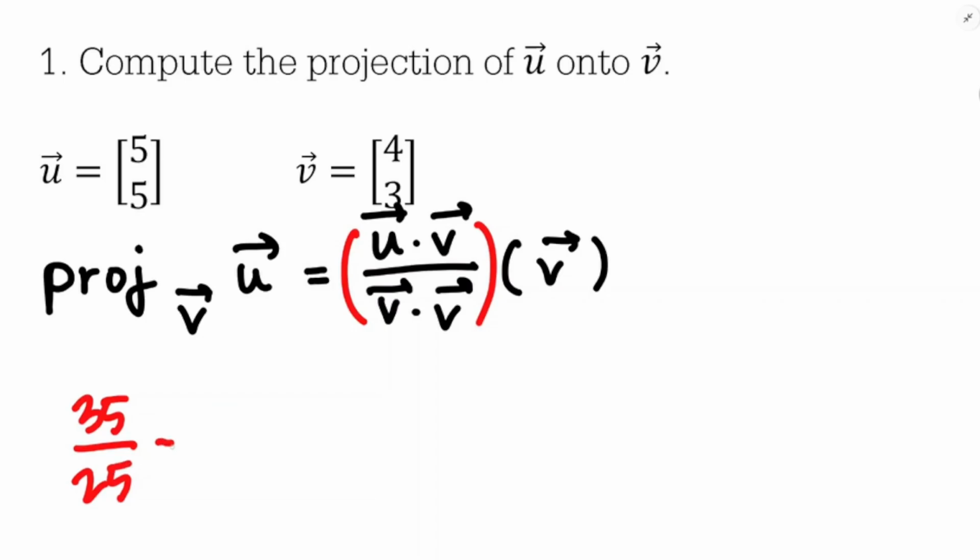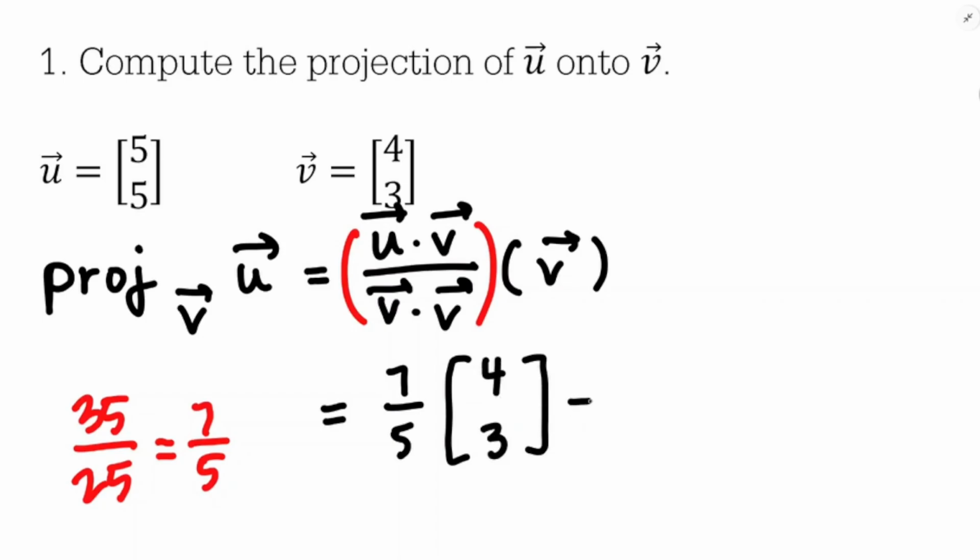So 35 over 25 is going to be 7 divided by 5, and we're going to multiply v by 7 over 5. You could do 1.4 if you wanted. So this is equal to 7/5 of 4 and 3, which is going to be 28 over 5 and 21 over 5.